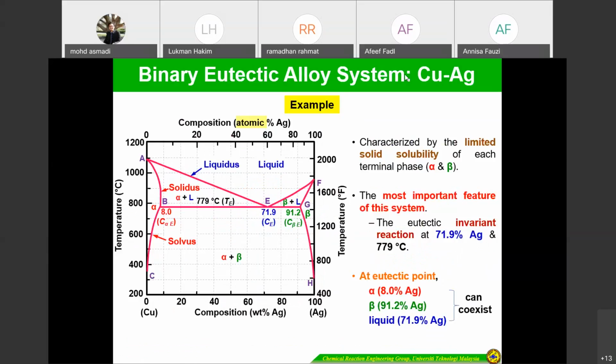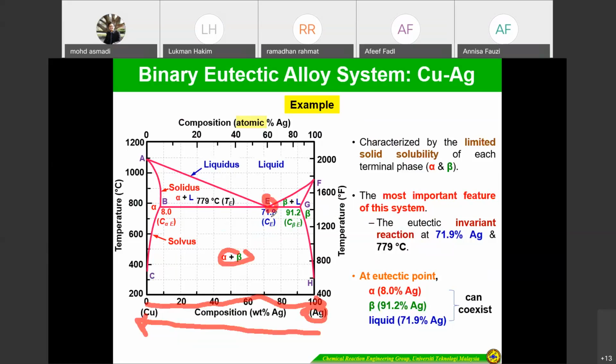If you look here from left to right, 100% is argentum, and right to left is 100% copper. So these are the eutectic points, characterized by the limited solid solubility of each terminal phase, alpha and beta. Definitely, the most important feature of this system is the eutectic invariant reaction here.